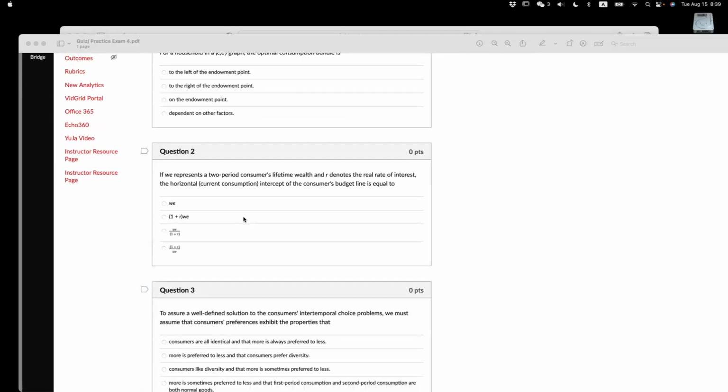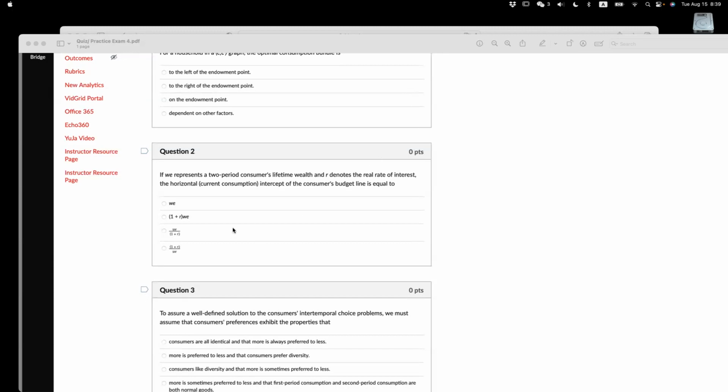Question 2: if WE represents a two-period consumer's lifetime wealth, and R denotes the real rate of interest, the horizontal intercept of a consumer's budget line is equal to... the answer is pretty clear.